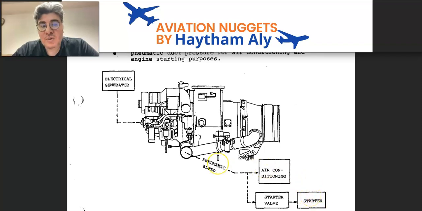You may also use the APU on ground or in flight for air conditioning purposes.